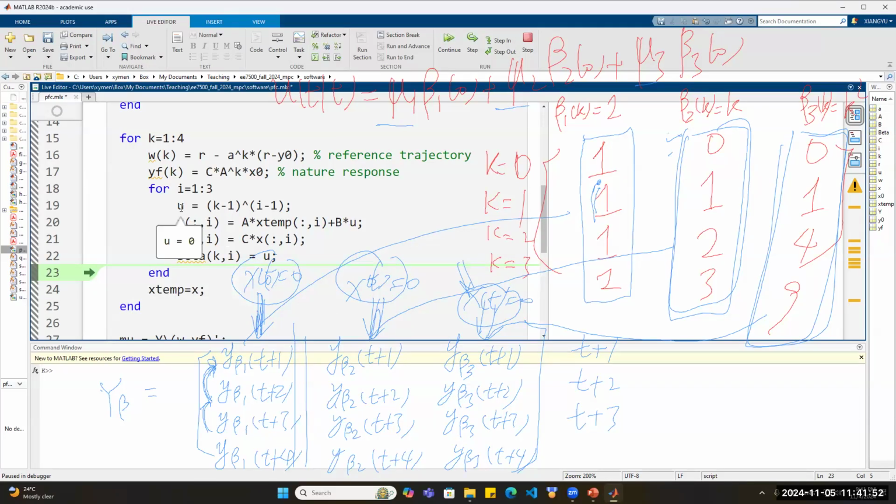The U here is 0. Let's do one more. For the third column, U is 0 again, and the Y is 0 because we assume 0. For calculating the forced response, we assume 0 initial conditions, and with 0 inputs, the output is 0.